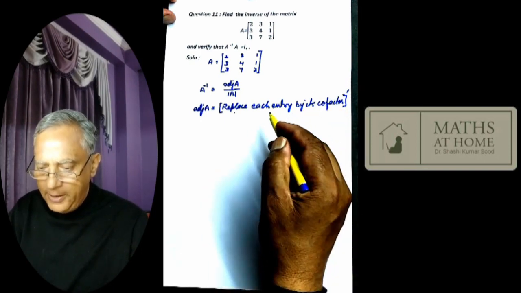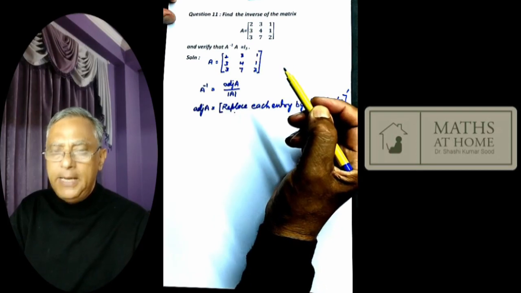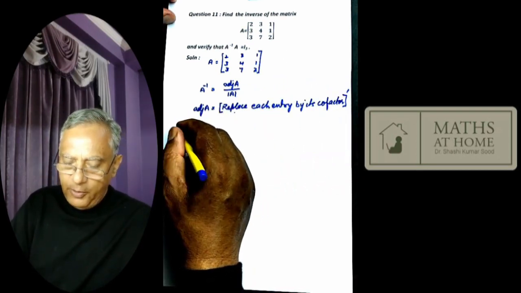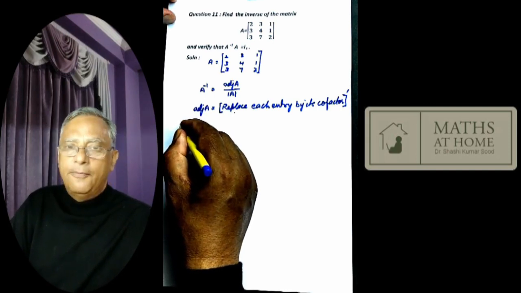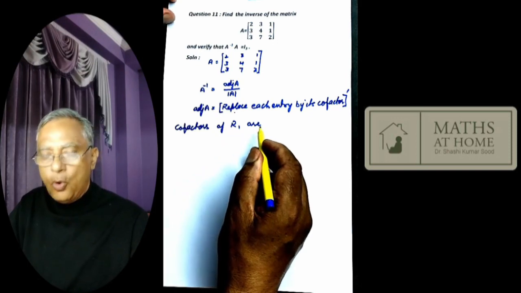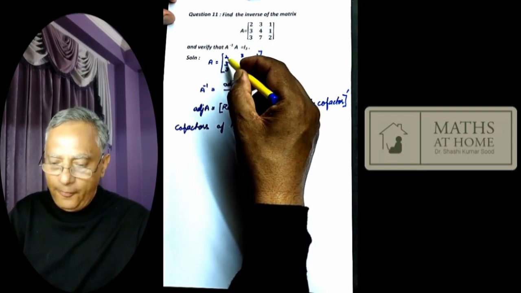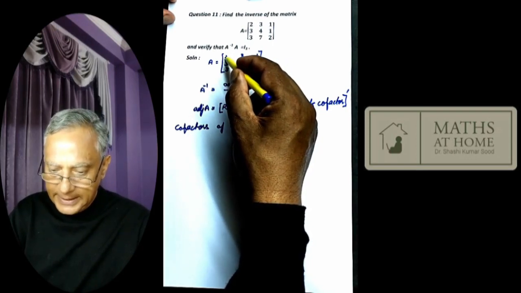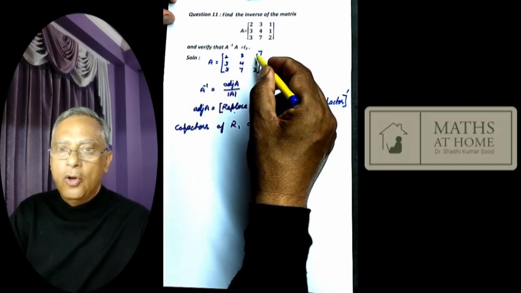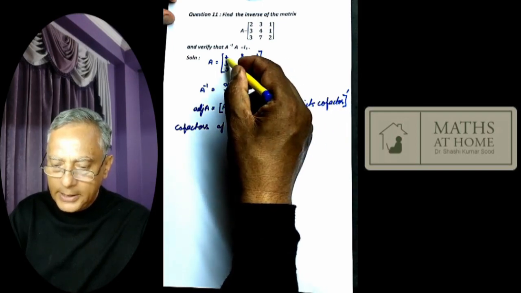So the first step is to find the cofactors of each and every entry of this matrix. We find the cofactors of the first row, R1, first. Now we find the cofactor of the entry at the first place. So this column and this row will be gone, and we will be left with 4, 1, 7, 2, and this place is 1, 1.